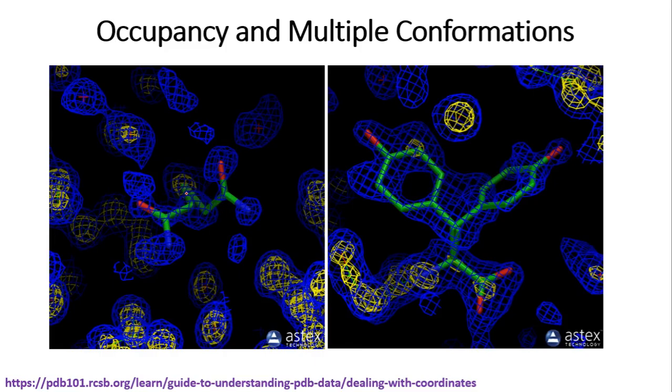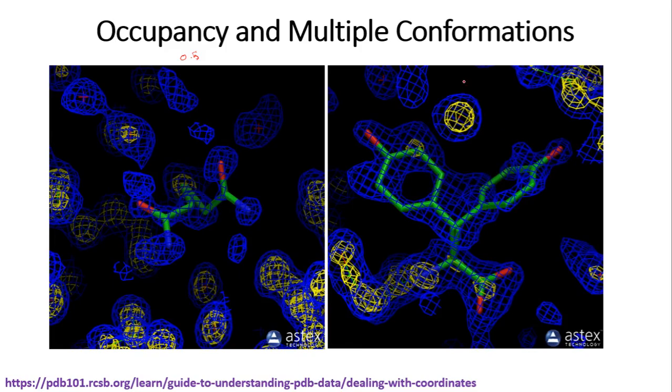Over here you can see that in half of the crystal, the side chain is oriented in this way, while in the other half of the crystal, the side chain might be oriented in this way. In such a case, the occupancy for this particular atom in your PDB file would be 0.5. In the second example, as I have shown you, this tyrosine side chain in half of the molecules in your crystal is oriented in this way, while in the other half it is oriented in another way.